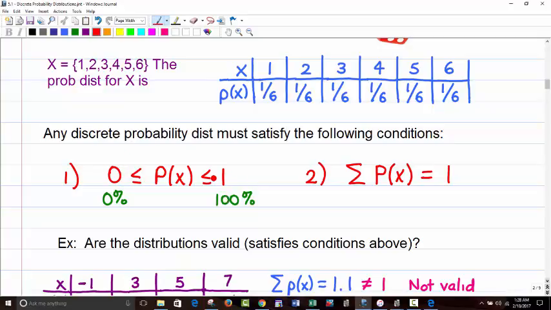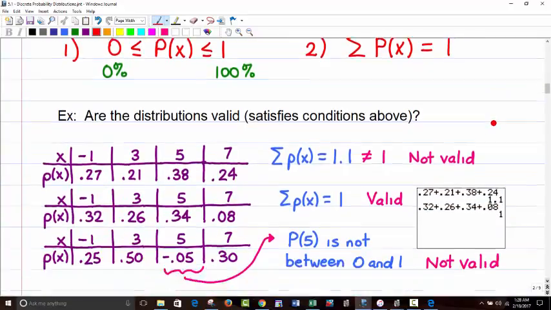So you can never have a probability problem that gives you a negative number or anything more than 1, like 1.2. And then the second condition for this distribution is the probabilities must all add up to exactly 1. So that's important also. It means you have exactly a 100% chance that one of those outcomes is going to occur.